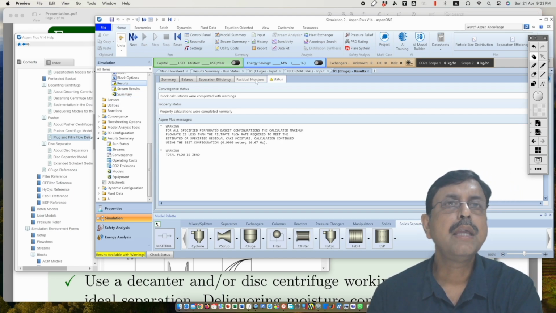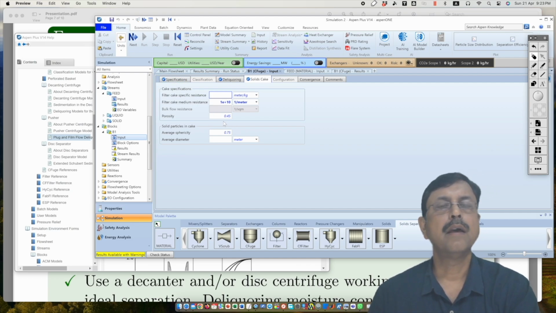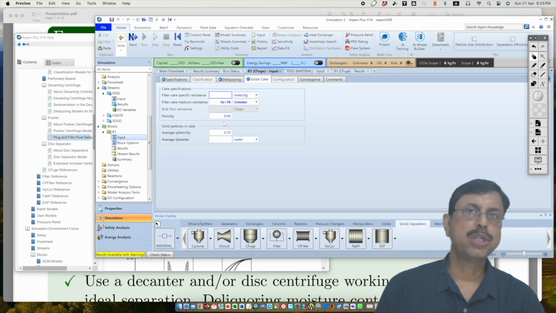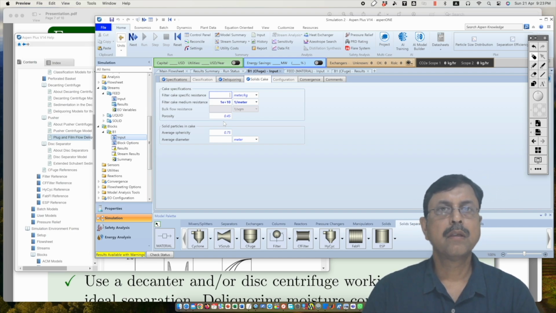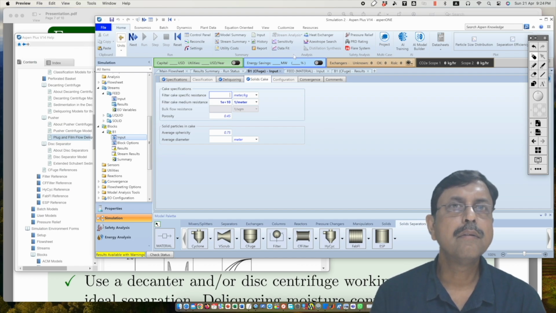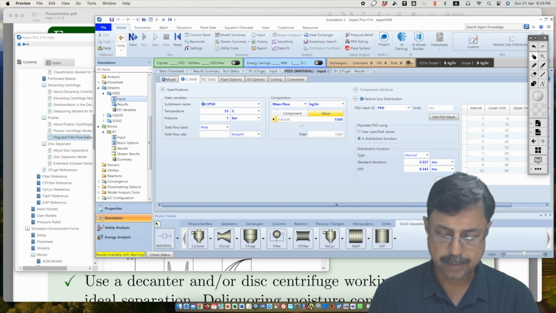So in my understanding, there will be some problem with the ratio of flow rate of liquid and solid. So let us decrease the solid quantity a bit.